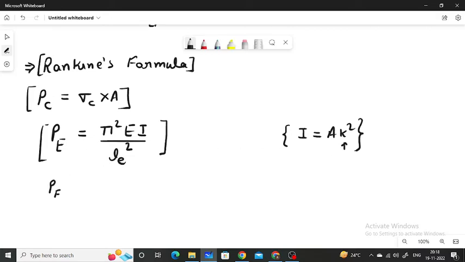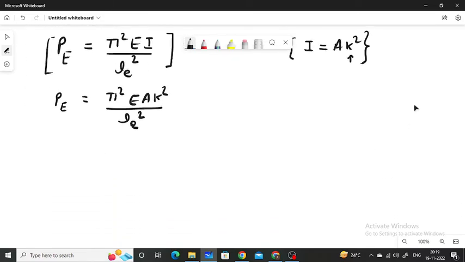Then Pe will be equal to pi square E into A K square by Le square. Crippling load will be equal to pi square E A K square upon Le square.